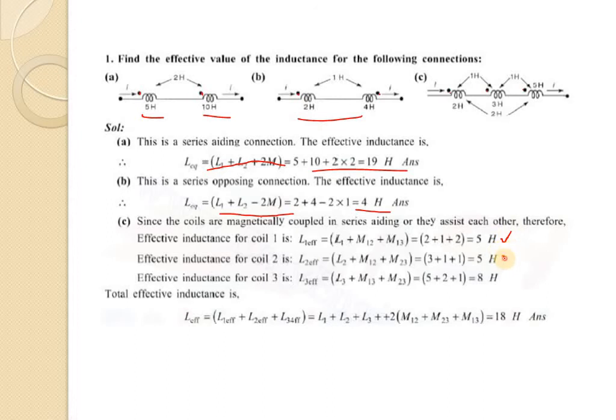Now, summing all these values, we get the total effective inductance, and that value is 800. So in that way, you can calculate the series inductance combination and the effective inductance.